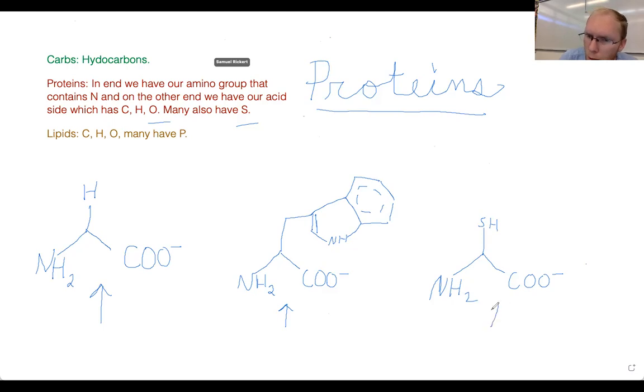And this last one is actually the most important. Cysteine is the most important amino acid in a lot of ways because of this S. Again, we said some of these have sulfur, and let me be more specific. In humans, this is actually the only amino acid that has sulfur.